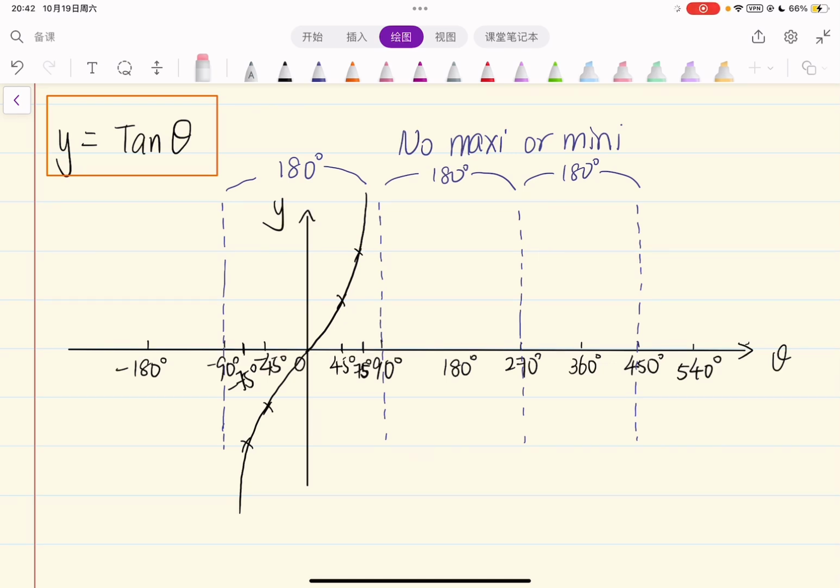Now you can repeat the drawing of that. So the graph of y equals tangent theta repeats every 180 degrees. So in another 180 degrees, it is the same graph. Another 180 degrees, that is the same one.